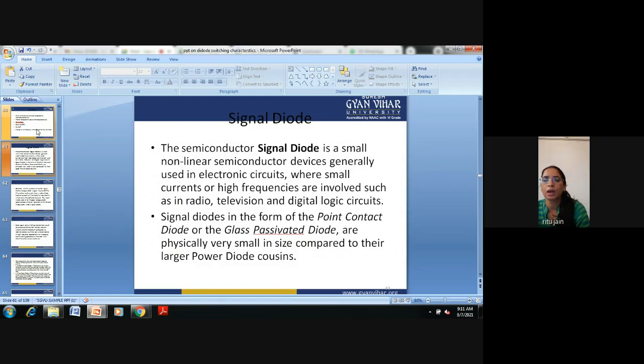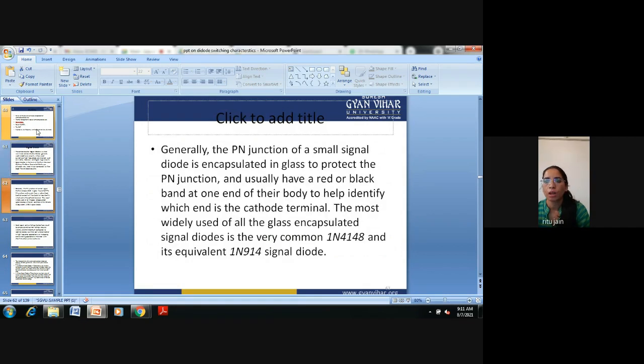A signal diode in the form of the point contact diode or the glass passivated diode is physically very small in size compared to its large power diode cousins. So, what is basically a signal diode?